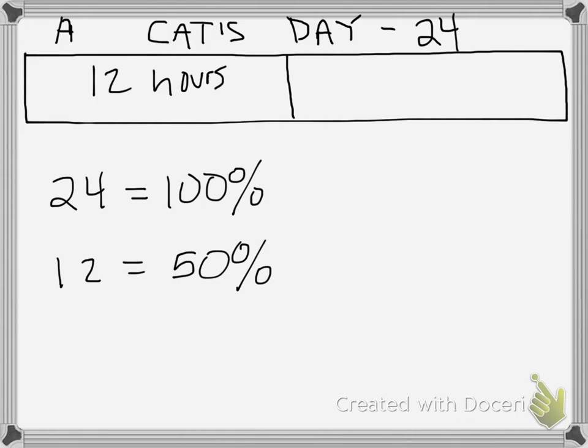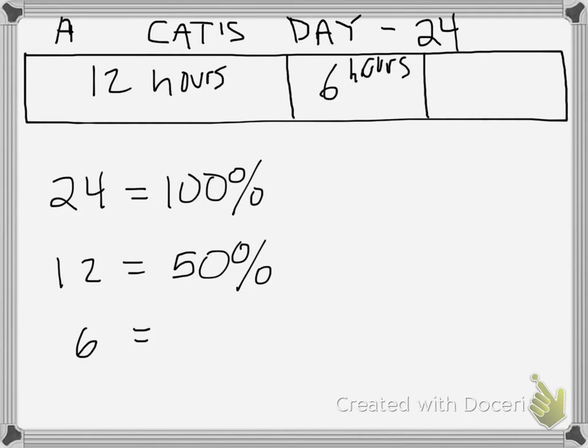Then maybe I say that the cat spends 6 hours eating, well, that doesn't make sense. Cats don't eat for that long. How about grooming? All right, so if the cat spends 6 hours grooming, then 6 is 1/4 of 24.